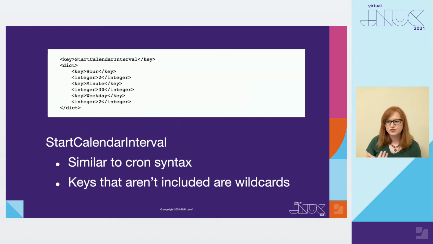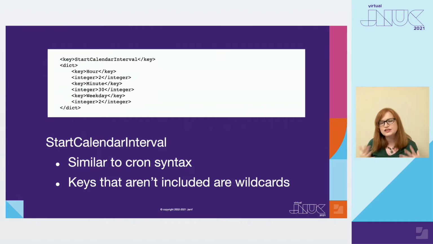So the hour key, for example, is going to go from 0 to 23 with midnight being 0. Weekday is a little bit confusing because 0 and 7 are both Sunday. I don't know why, but they are. And then you can do weeks, you can do months, you can do times. You can add keys for the day of the month.